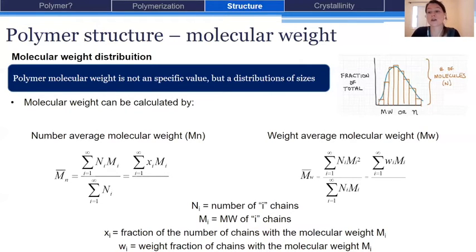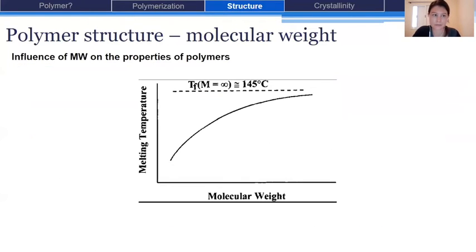So it deals with the weight fraction of chains with a specific molecular weight. So we defined two ways of describing the average molecular weight in order to describe the sample, the size of the chains in the sample.